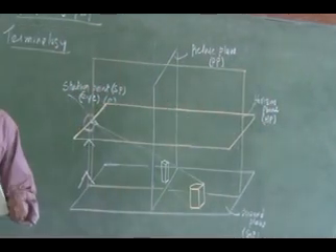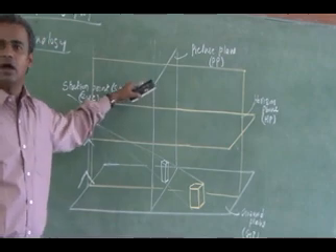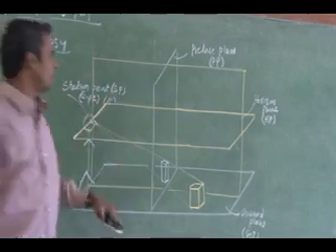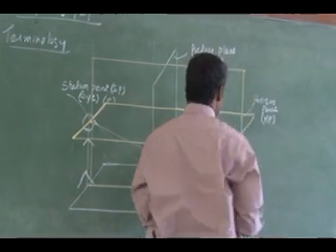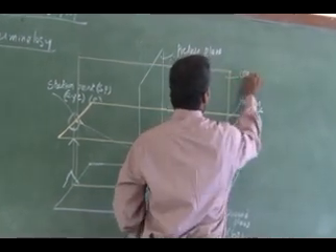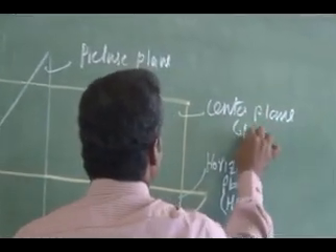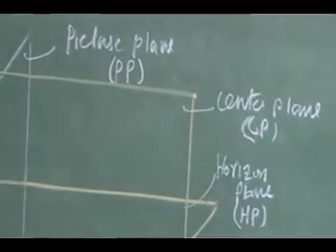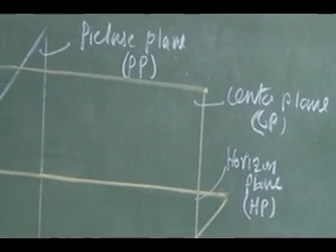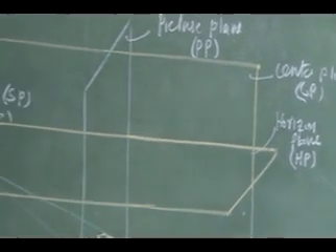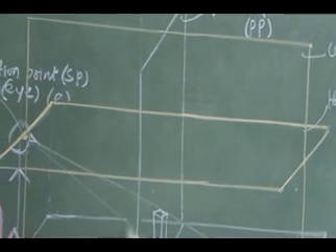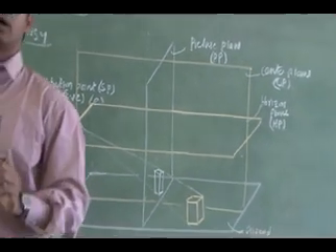Can you visualize? I have another plane which is perpendicular to all other three planes. That plane is the center plane, passing through the eye of the observer, and at the same time perpendicular to the picture plane, horizontal plane and ground plane, right?